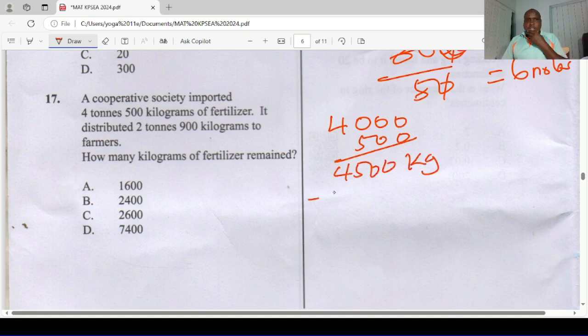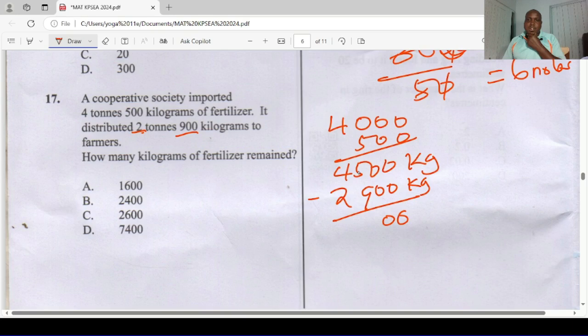So you subtract 2,900 kilograms, because 2 tons is the same as 2,000 kilograms plus 900, that is 2,900. 5, this is 15.